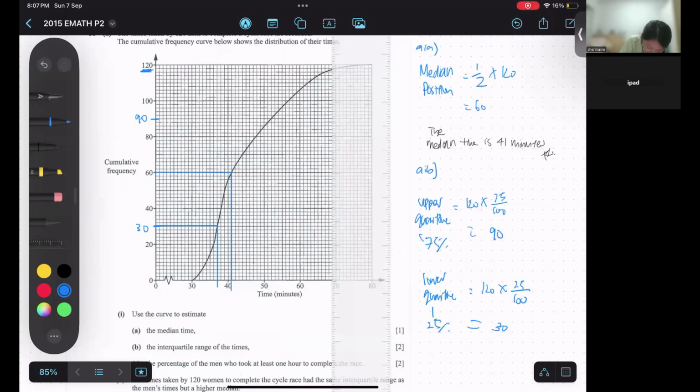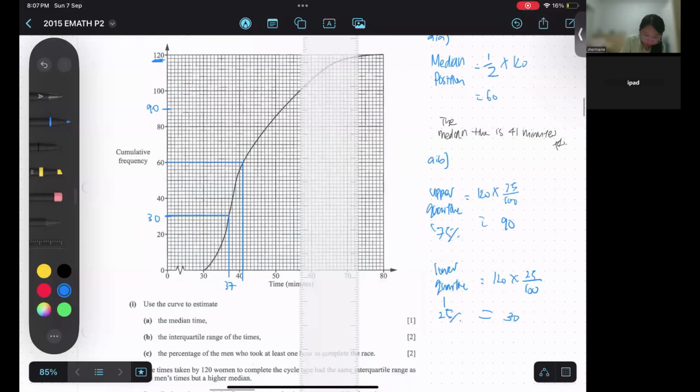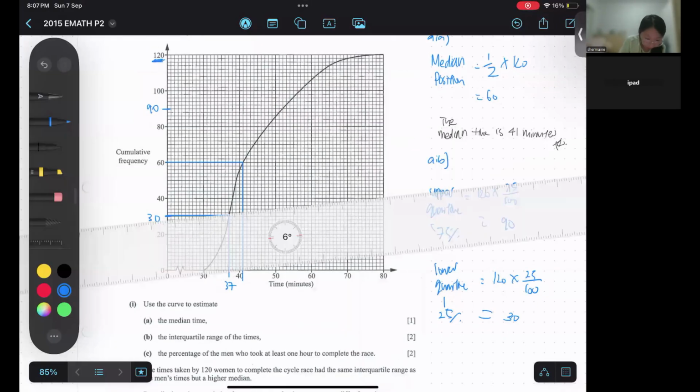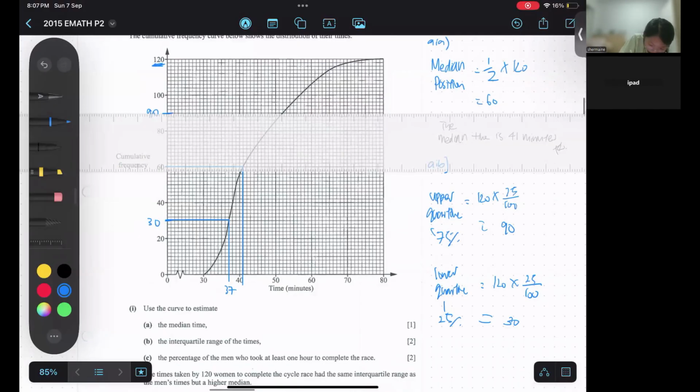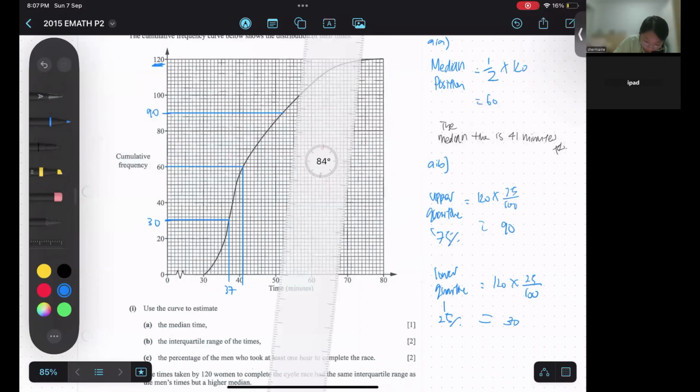Just 1, 2, 3, 4, 5, 6, 7, 37. 37 minutes. Then your upper quartile 90, we have 52.